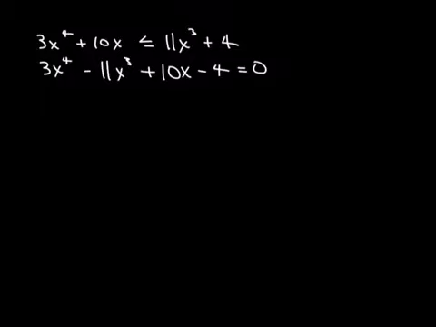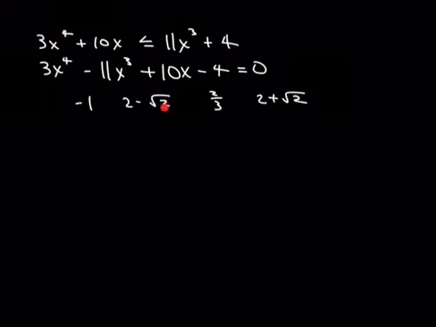So for our answer we end up getting -1, 2 minus the square root of 2, 2/3, and 2 plus the square root of 2. We got 4 answers. So what do our intervals look like? We'll do them in red here.